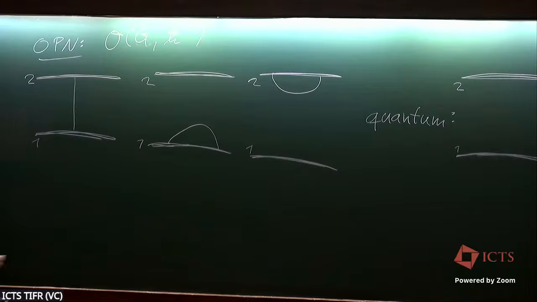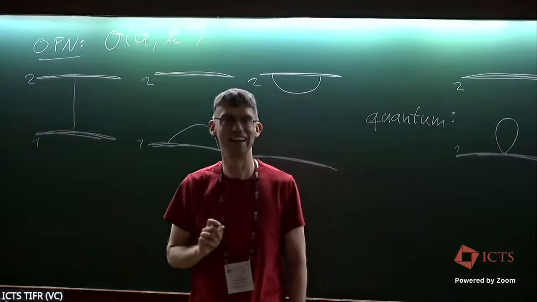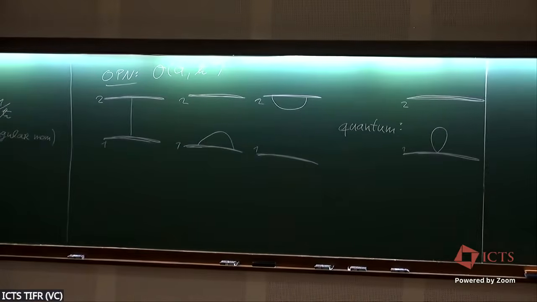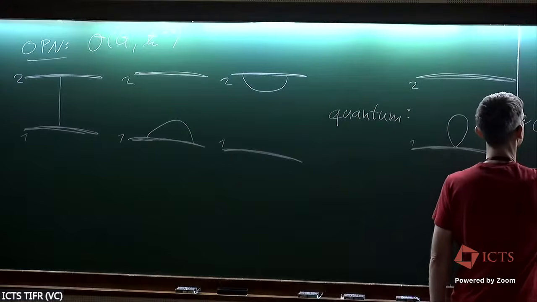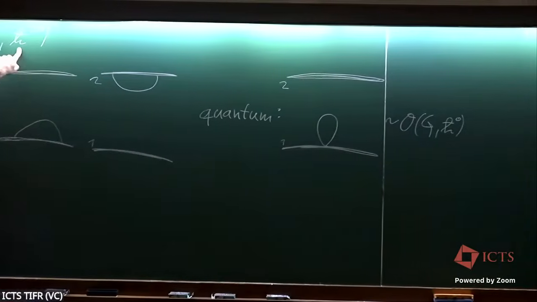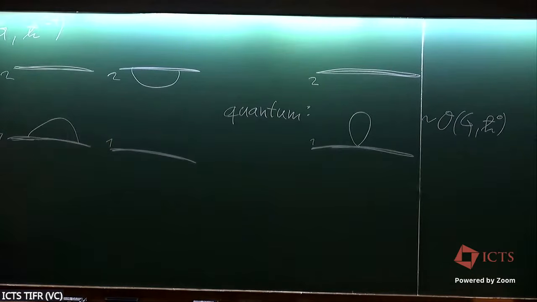But the problem is then you have to connect things like this, right? This gives you 1 over H bar, but then an H bar squared from here. So that doesn't have any scaling in H bar. So this is order G and H bar to the 0. And since the classical part is 1 over H bar, this is, so to say, already the first quantum correction. Okay, so this we want to drop.